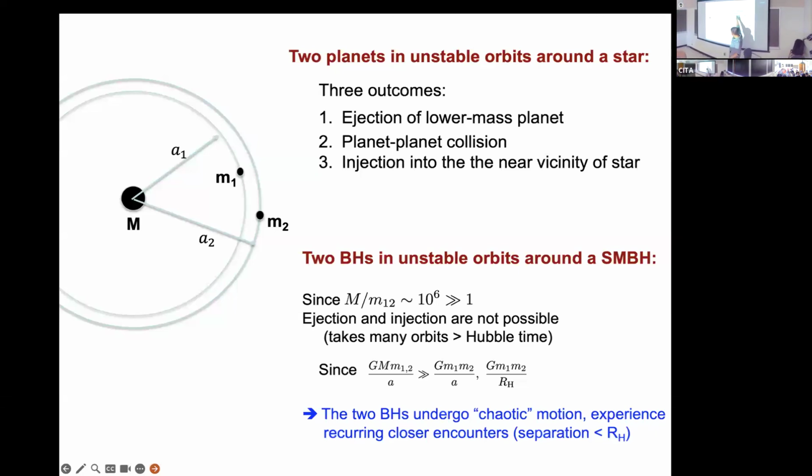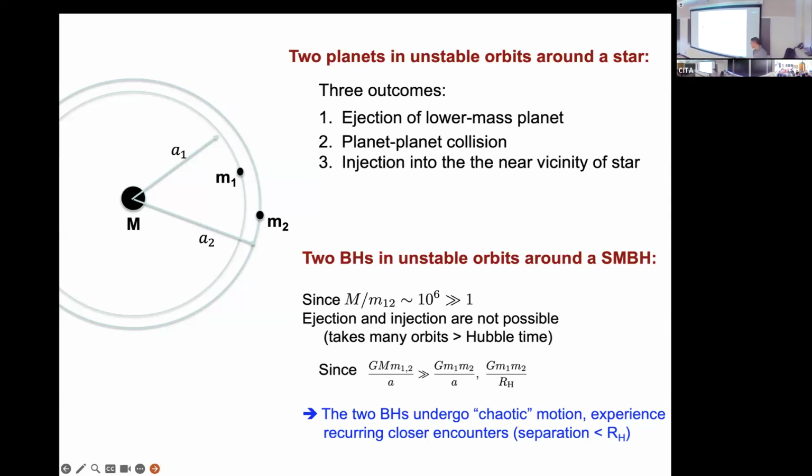In this case, you can easily convince yourself that ejection and injection are not possible, simply because they are due to mutual interaction, and the mutual interaction is not strong enough compared to the big supermassive black hole sitting there.